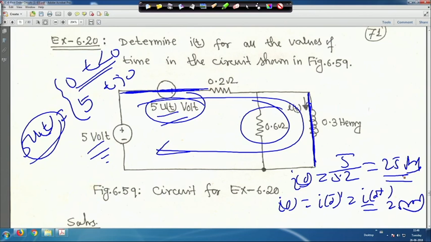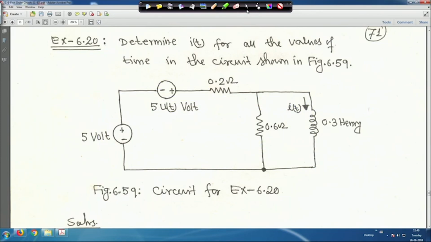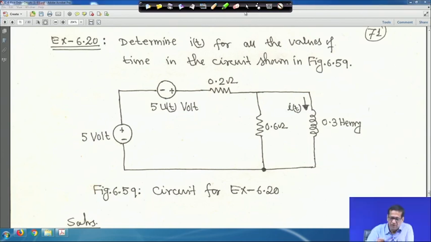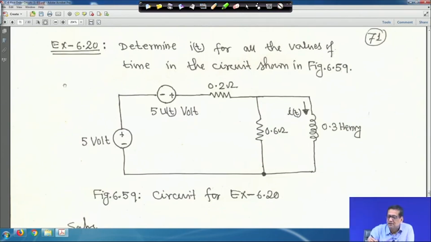Now, let me clear it. So, now the question is that for t greater than 0, at that time this 5 volt source will be there, right. So, at that time it is 5 volt, and t greater than 0 means u(t) is 1.